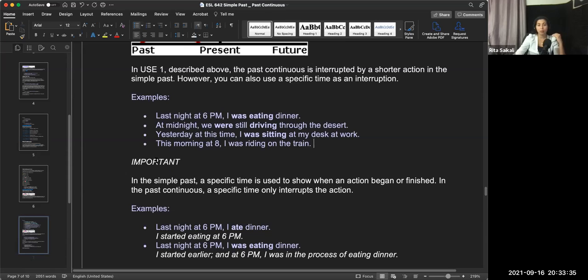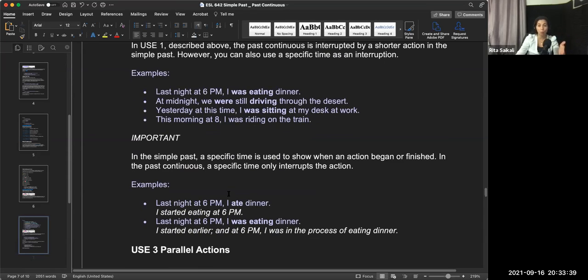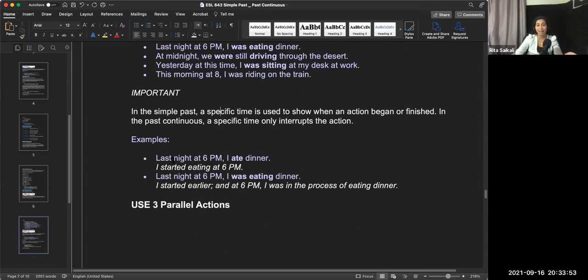In simple past, a specific time is used to show when an action began and finished. In past continuous, a specific time only interrupts the action. Cool? Make sense? Okay, so in our examples, last night at 6, I ate dinner, which means that I started eating at 6.